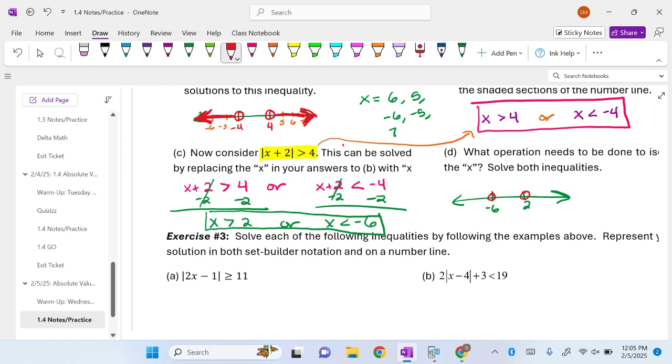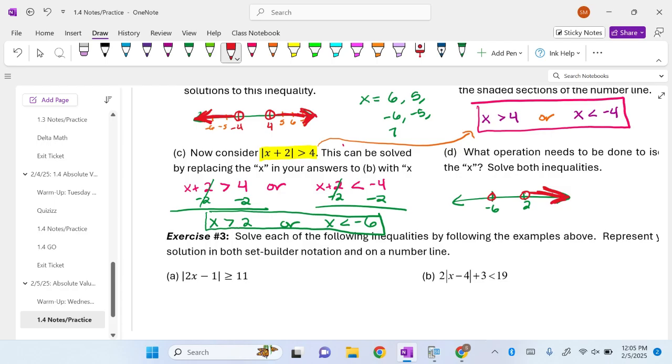But then to the right of 2, 3 is a number to the right of 2 on a number line. So is it true that 3 is greater than 2? Yes. So we shade to the right. So guys, if you have issues figuring out where you shade, just go one number on either side and ask yourself, okay, does this number make the statement true?